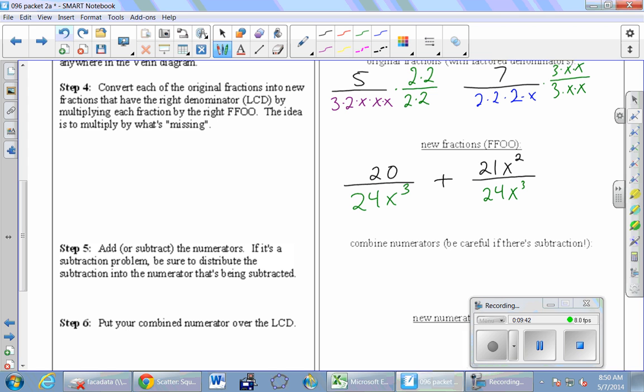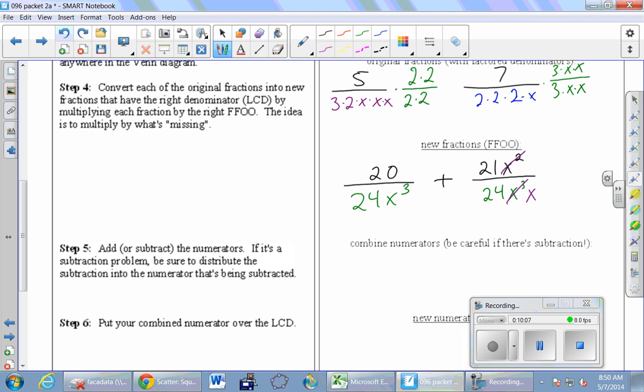Is the following valid or not valid? Cancel those x squareds, cancel these x cubes. You have a single x left over on the bottom. Valid or not? No? You're allowed to cancel when you have what operation?